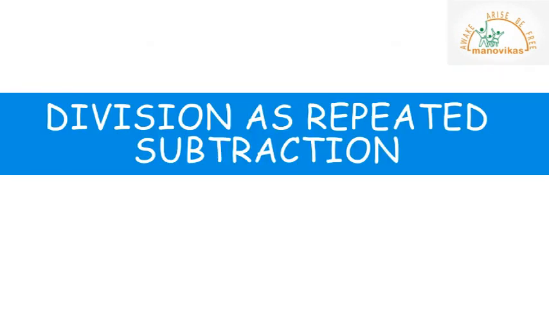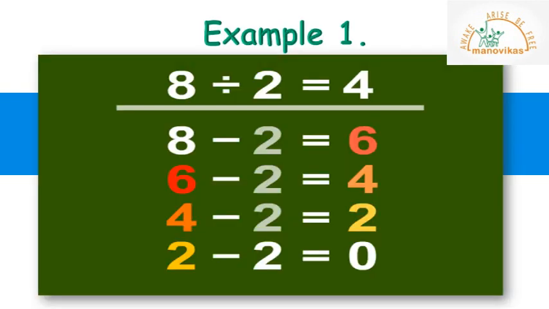Let's learn division as repeated subtraction. Let's take a first example on repeated subtraction. Here we have 8 divided by 2. 8 divided by 2 is equal to 4.